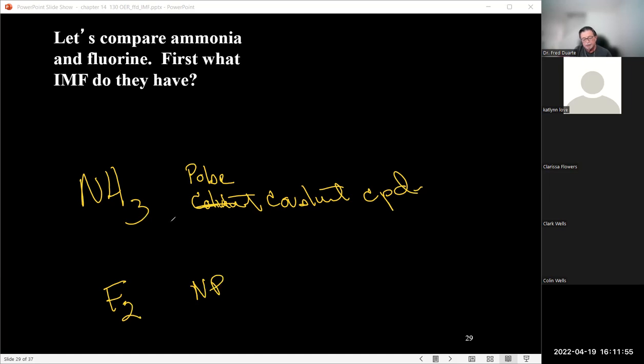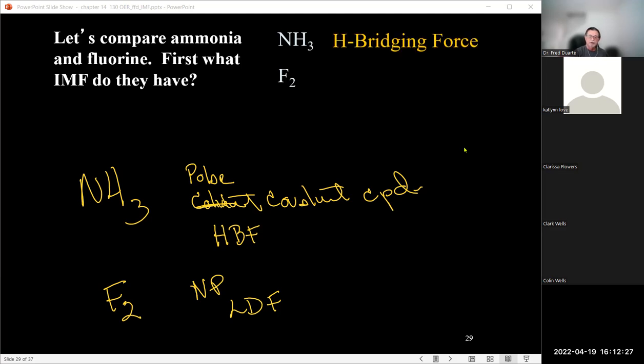Since ammonia is a polar covalent compound, plus it is hydrogen bonded to nitrogen, guess what the IMF would be? That would be hydrogen bridging force. Since fluorine is nonpolar, the only force it has is London dispersion forces. So we first have to figure out the formula, which then tells us the polarity, whether it's a polar molecule or not.